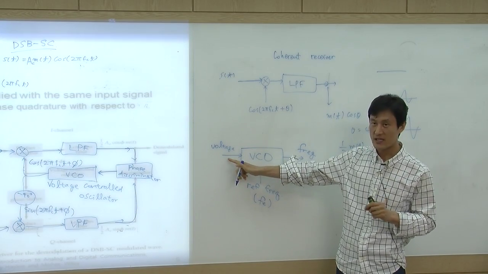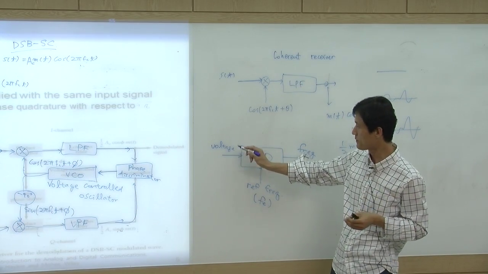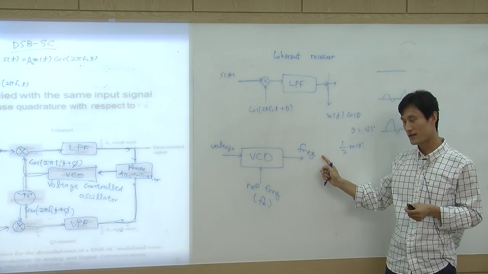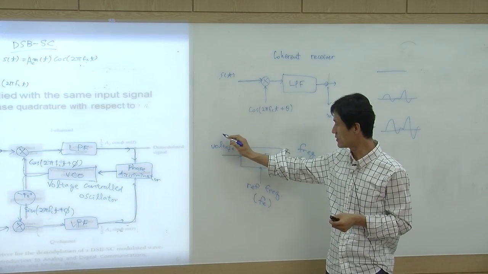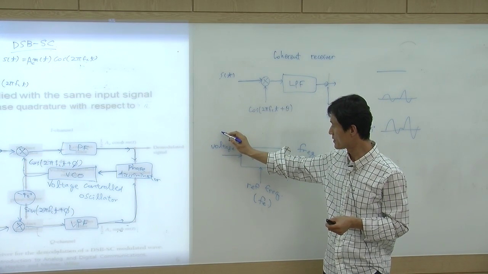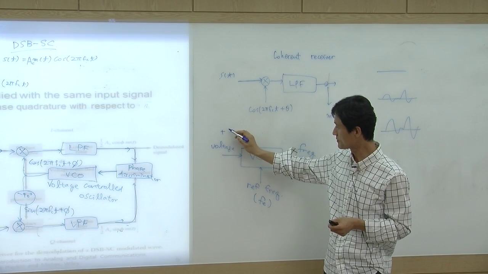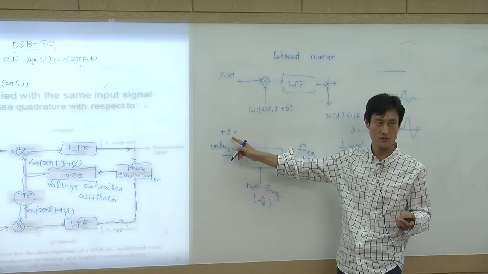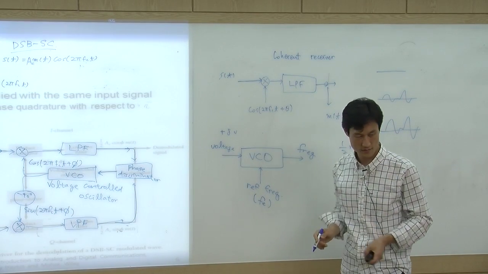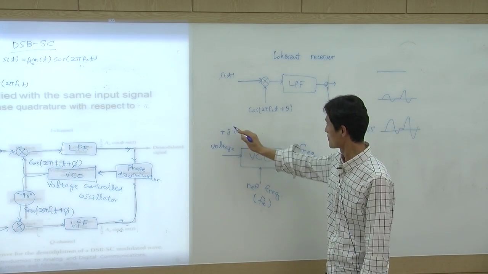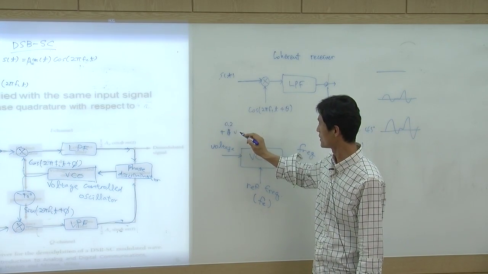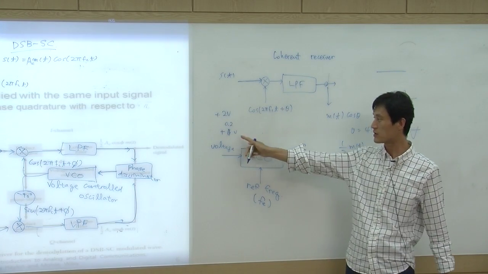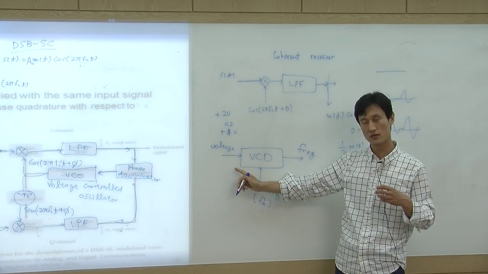But if the input is positive, let's say some plus delta voltage, just as an example, delta can be any value, maybe 0.2 volt, or sometimes 2 volt. Some positive voltage comes in to the input.